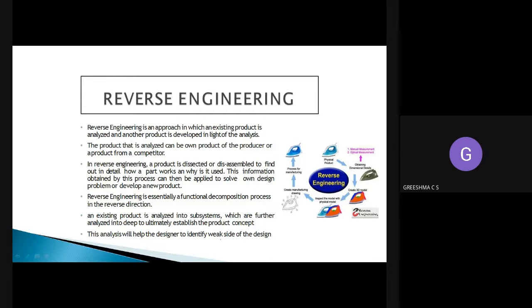That is important. As we discussed earlier, you will be disassembling the product and studying each individual part. So while studying this, you will be able to study the weak side of the design, the biggest shortcoming of the design, and this will help you in the development of new techniques.